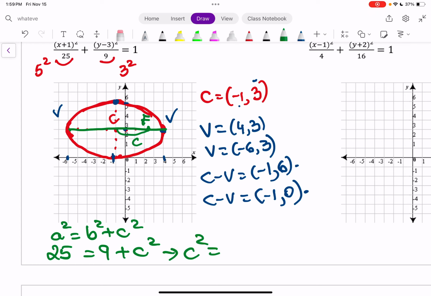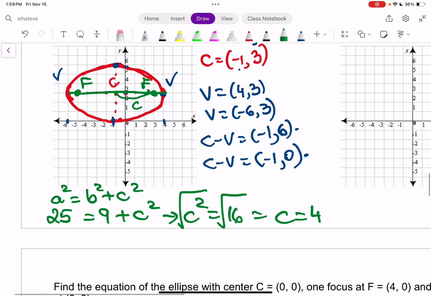So when I subtract 9 from 25, I'll get 16. Taking the square root of 16, I'll get 4. So in other words, to find the focus, 1, 2, 3, 4 units left and 4 units right are the two foci.